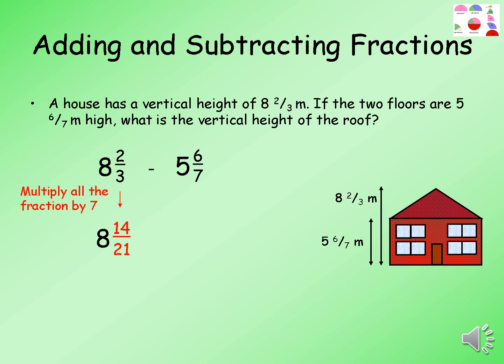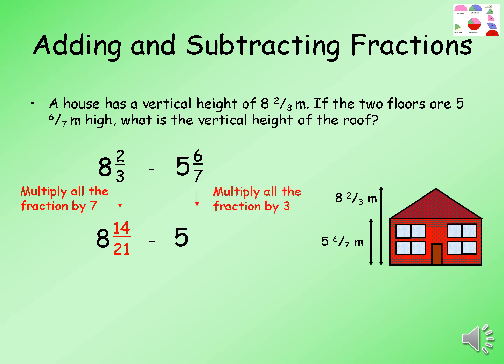So the common denominator for 7 and 3 is 21. So the 3 was multiplied by 7 to get 21, so we must do the same to the top number. 7 multiplied by 2 is 14.